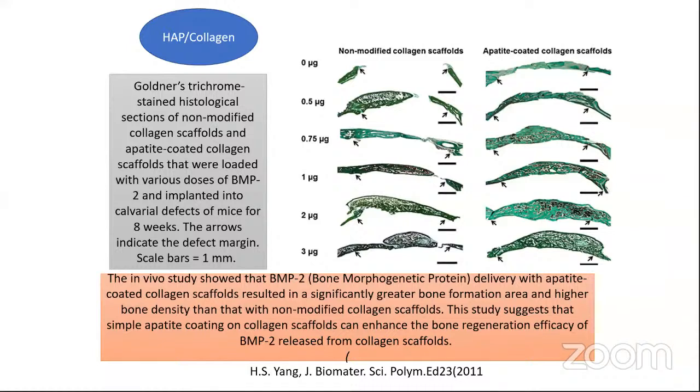And this study suggests that the simple apatite coating on collagen scaffold can enhance the bone regeneration efficacy of BMP2 released from collagen scaffold. So it is used in bone regeneration after a fracture. So this is a very important study.